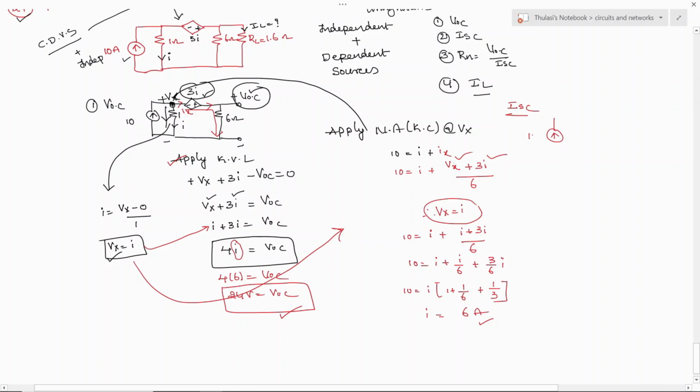Okay, so this is of 10 amperes and this is of 1 ohm, and the current of I is flowing, and this is a dependent source, and here you are going to get 6. This is the 3i voltage source, and now as soon as you remove the load and short circuit here, this current will flow, which is nothing but ISC.